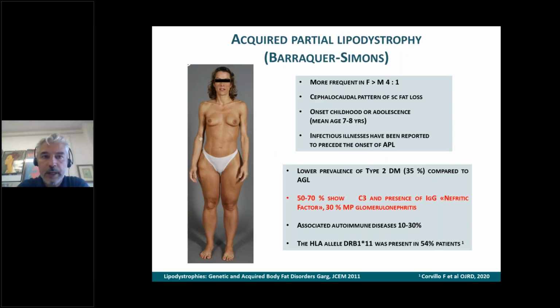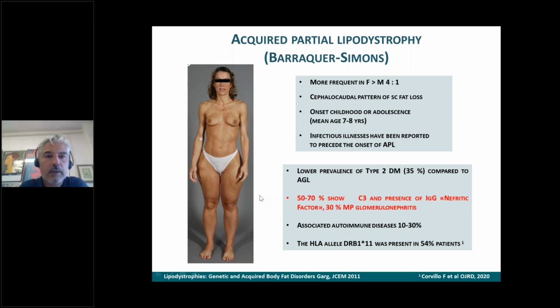Another not rare form of acquired lipodystrophy is the partial acquired lipodystrophy, also known as Barraquer-Simons syndrome. The typical feature of this lipodystrophy, as you can see clearly from this picture, is that fat loss occurs only in the upper part of the body. So in the face, especially, in the neck, and in the arms, while the fat in the legs is preserved.